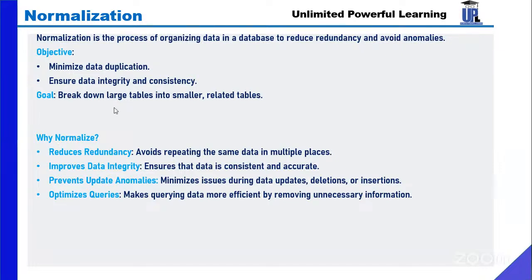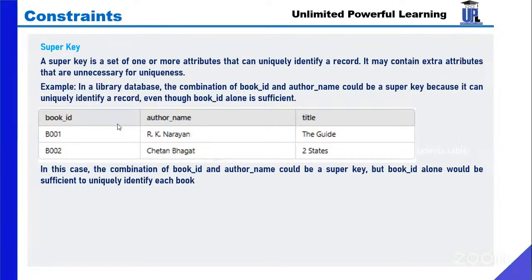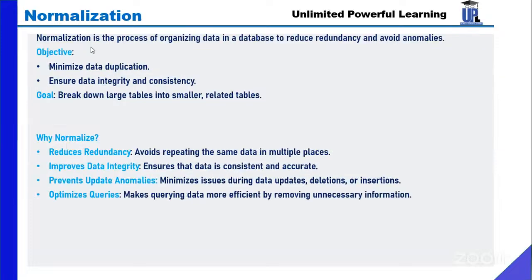You have designed the database like this, but someone should come and say whether whatever I have designed is correct or not. I have to make a self-review. If I want to make a self-review, I should have certain rules and regulations through which I can verify it. That verification process, I can say, is normalization.